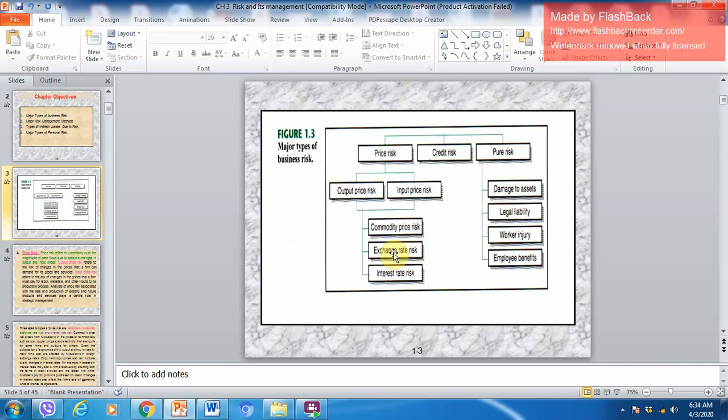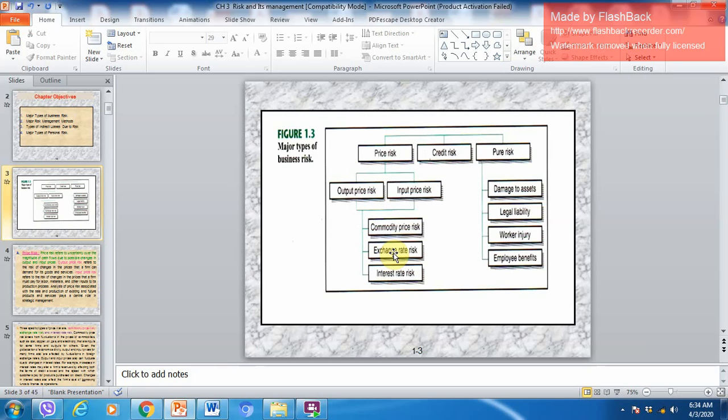Another example, if the exchange rate is higher, as I mentioned, from Iraqi dinar to USD, you will get your goods expensive. And if the exchange rate is lower, from Iraqi dinar to USD, you will get your goods comparatively cheap. In this way, the exchange rate affects business as a risk. You might also observe that when the dollar goes up, the price of all imported goods becomes high. This is called exchange rate risk.